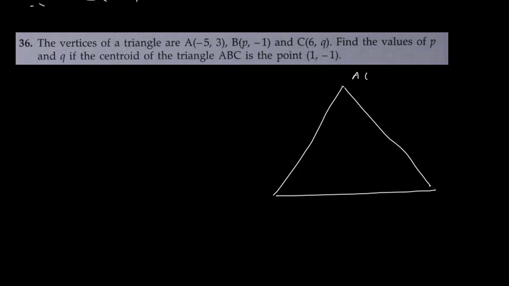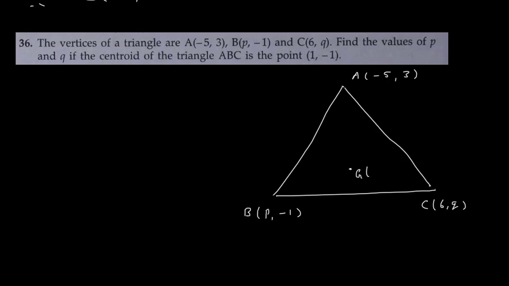A is given minus 5, 3. B is given P comma minus 1, C is given 6 comma Q, and here we have centroid G. G is given 1 comma minus 1.